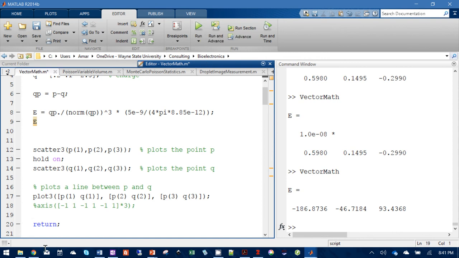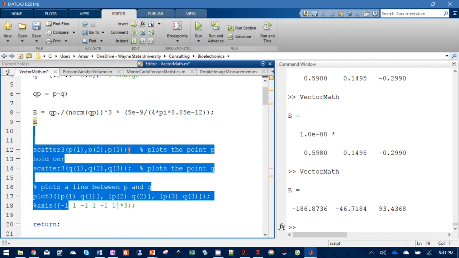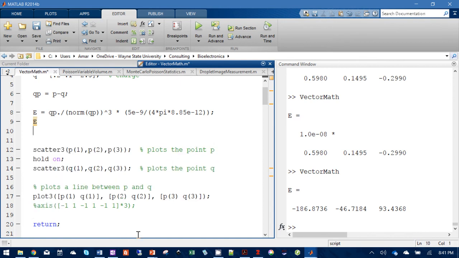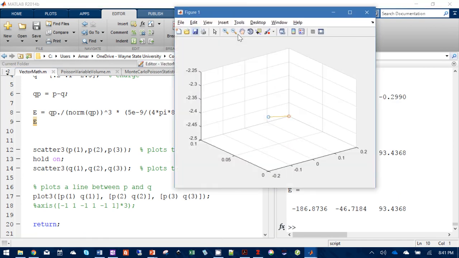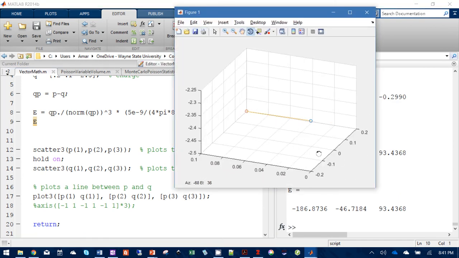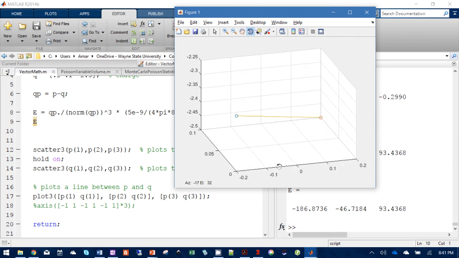I'm commenting that out. This axis command helps you set the axis limits, if you want to go from x from this value to this value. But if you just plot things, it should auto-scale appropriately. So you can see here that this is the point P, this is the point Q, and we've just drawn a line between them.